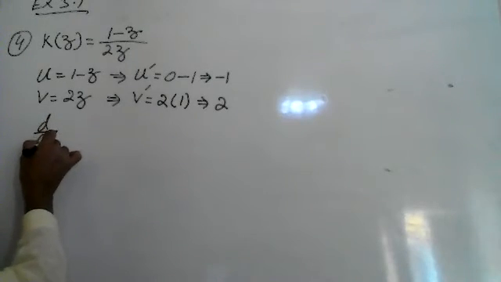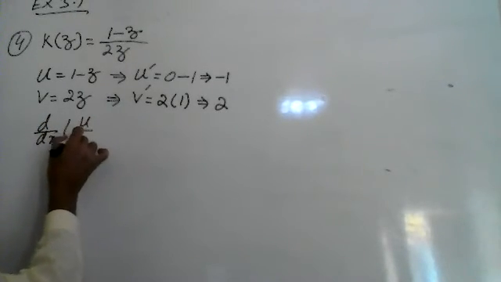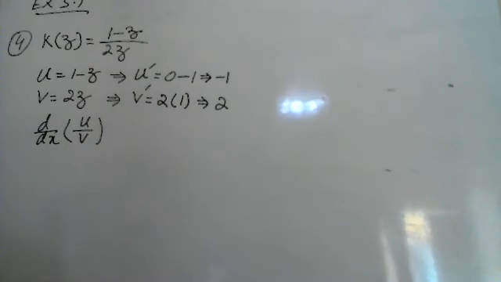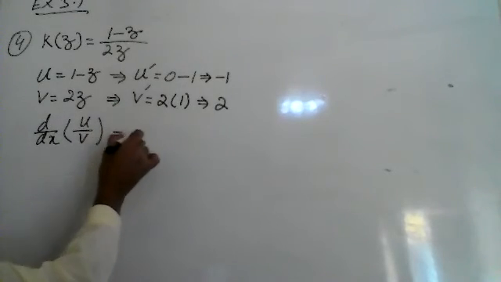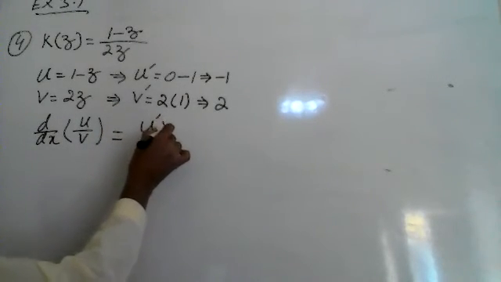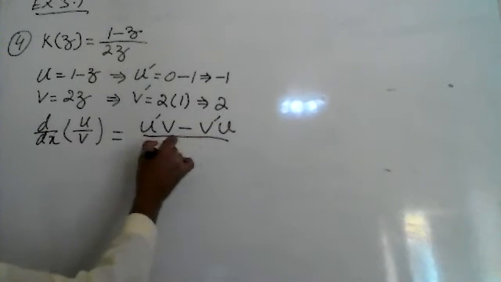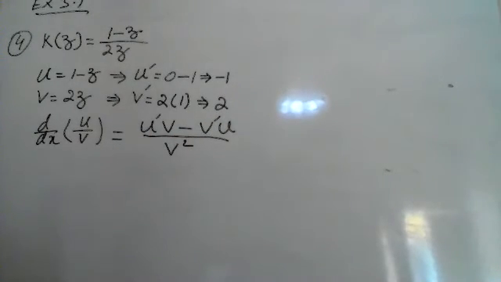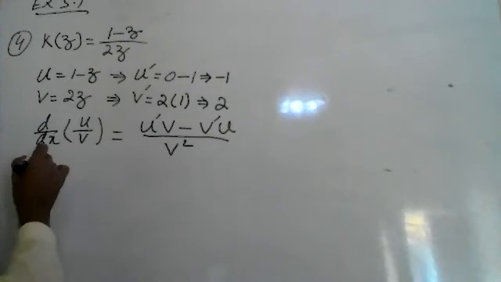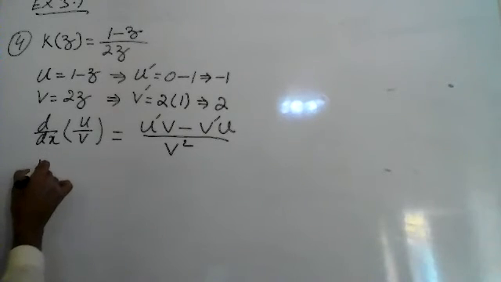Derivative with respect to x of u upon v will be equal to u dash into v minus v dash into u, upon v square. This is the formula. We'll put the values.